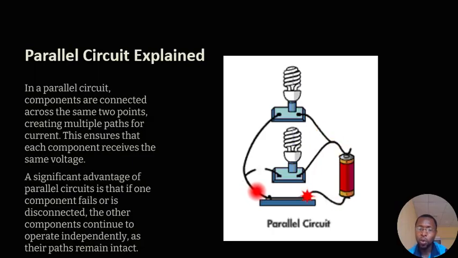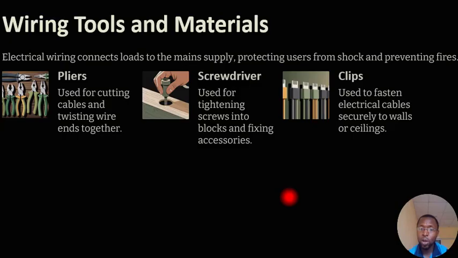You use a clip to hold it to the wall so that it does not form a loop or look scattered. So that's what the clip does for fastening electrical cables securely to wall or ceiling so that they do not fall off.